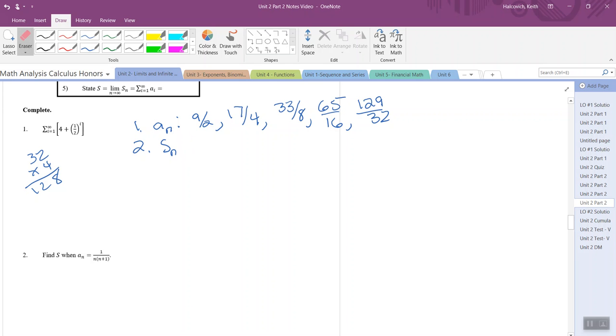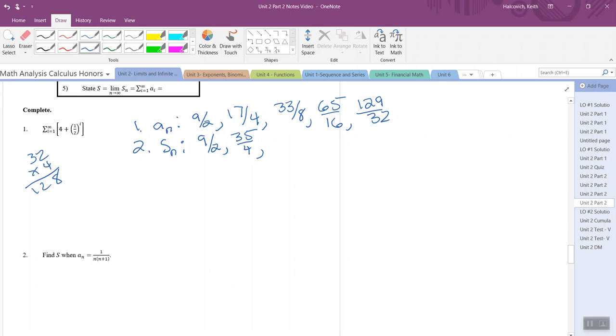So the first term of the sum is the same as the first term of the sequence, 9/2, and then you go 9/2 plus 17/4. So you get a common denominator, multiply by 2, so you get 35/4. And then you add 35/4 plus 33/8.